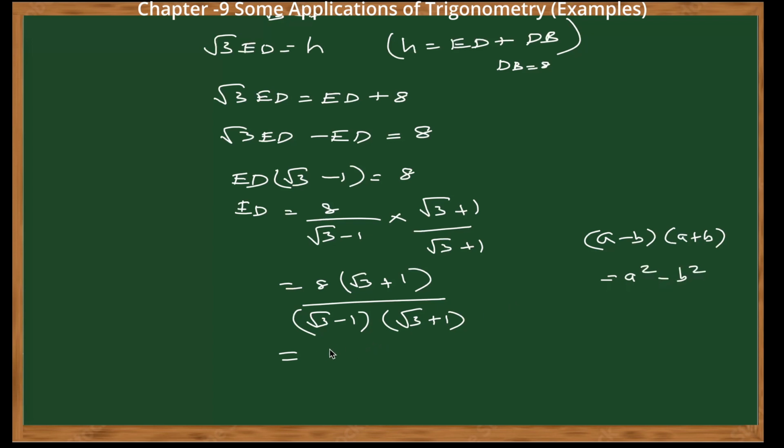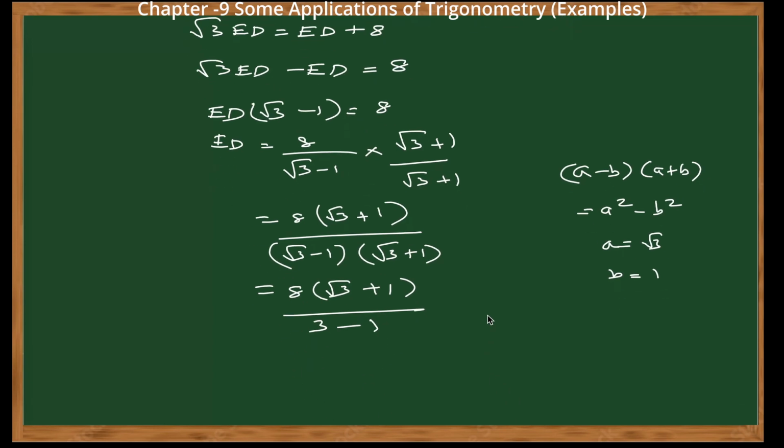So 8 times root 3 plus 1 divided by a square minus b square. A is root 3 and b is 1. Root 3 whole square becomes 3, minus b square, 1 whole square is 1.